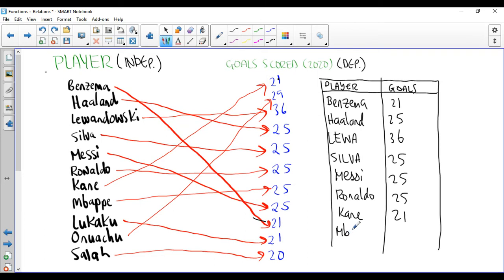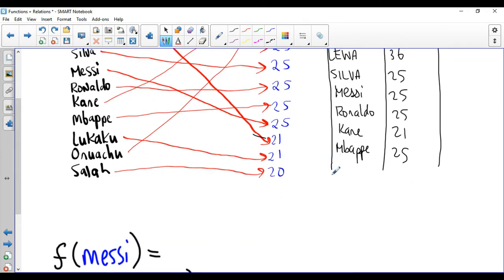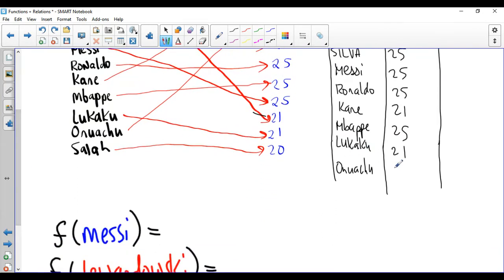Mbappe, 25. And we can keep going. Might as well finish this off. Lukaku, he had 21. And then we had Onuachu, who had 29. And Mo Salah, who had 20.